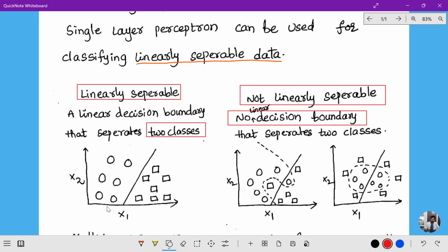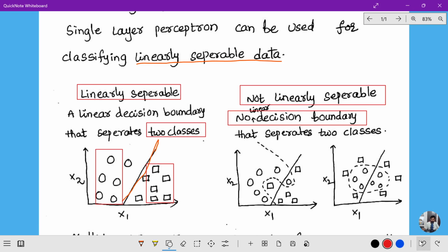Now you observe an example of linearly separable data. Here, this is a line, nothing but the decision boundary line. This is the upper part of the decision boundary and this is the lower part. The upper part contains circles, and the lower part contains, let us say, squares.